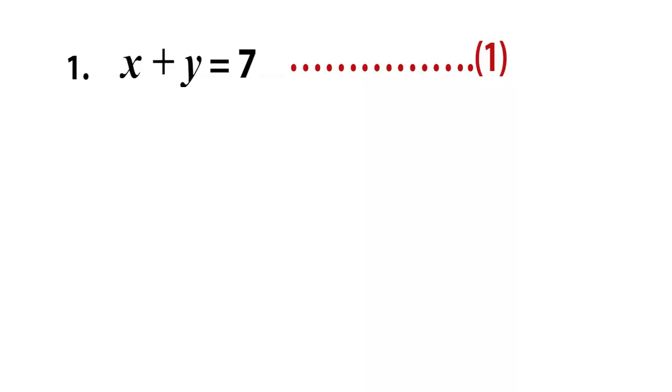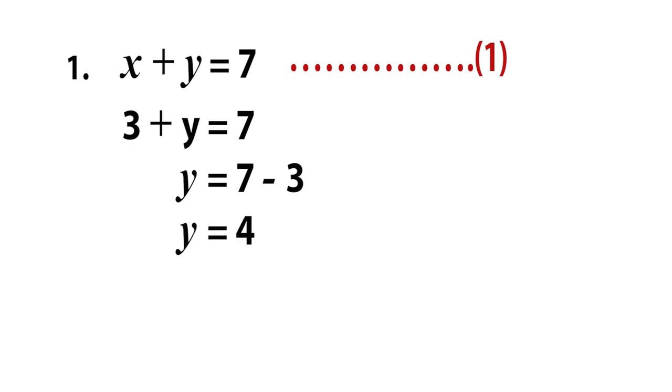From equation 1, which is x plus y is equal to 7, we obtain 3 plus y is equal to 7. And this will give us y is equal to 7 minus 3, and y is equal to 4. Therefore, the solution to our question is x is equal to 3 and y is equal to 4.